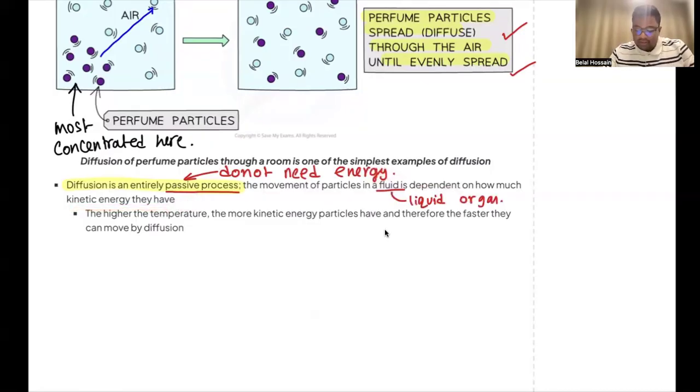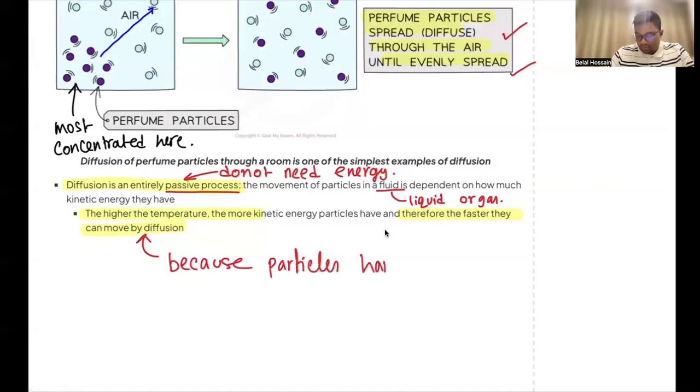So diffusion depends on kinetic energy. This means the higher the temperature, the faster they can move by diffusion, because particles have more kinetic energy at higher temperature.